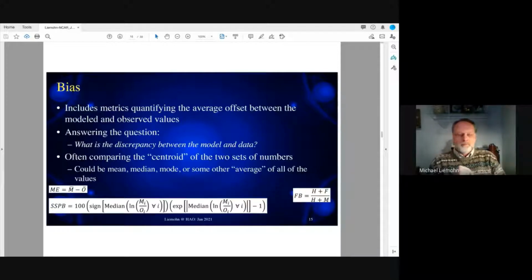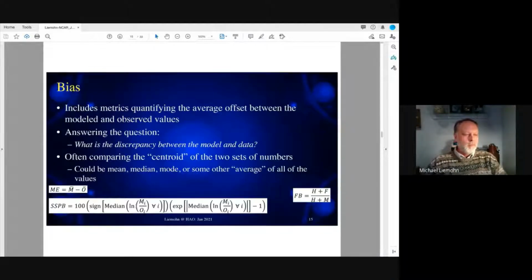SSPB is the sign symmetric percent bias. That is very similar to MSA and complements MSA very well, but it has a few extra terms. It puts parentheses and absolute values in different places compared to MSA, and this one really compares the two centroids and whether they're different, the two median value centroids.